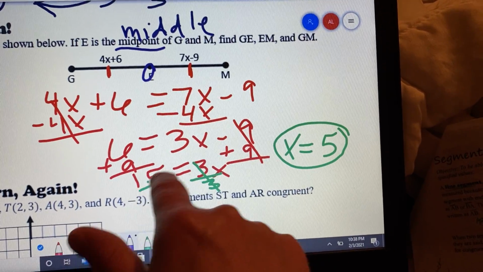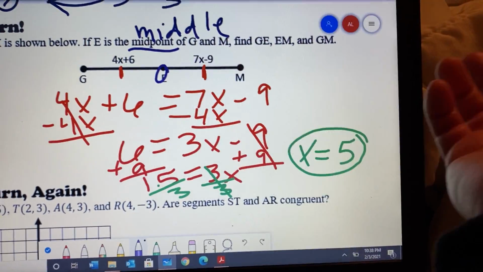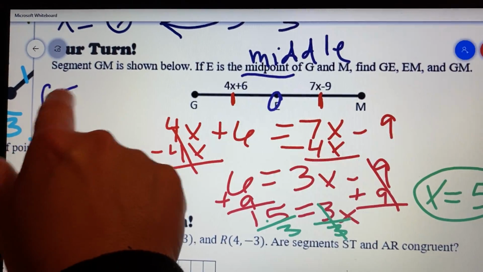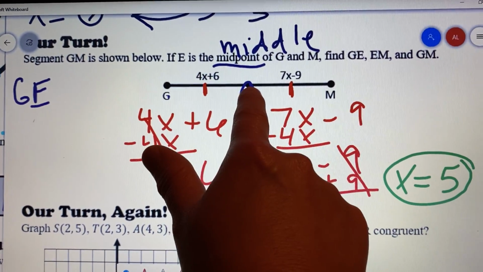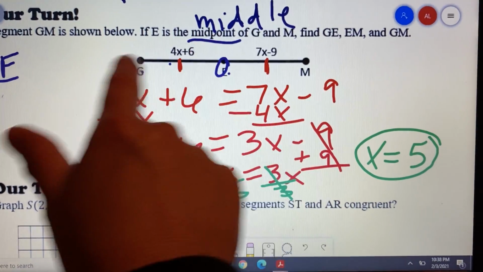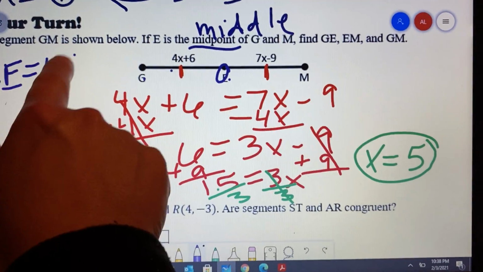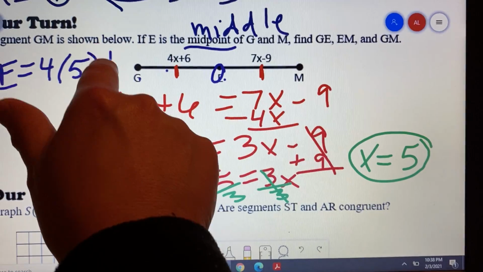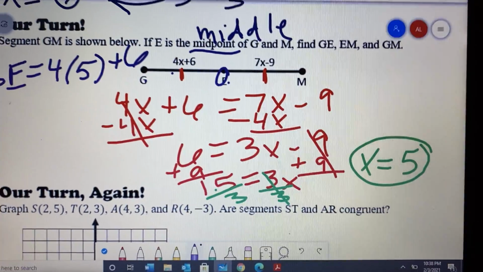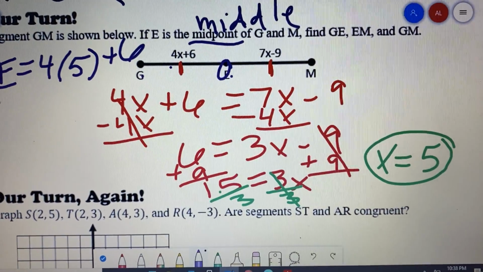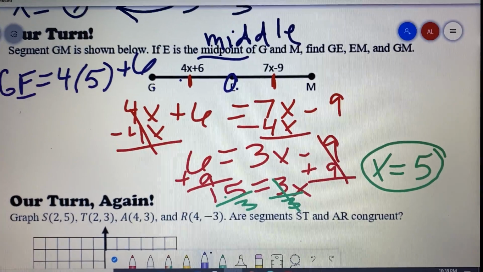The question is, they want us to find all the lengths. So GE, which is from here to here, is 4x plus 6. So that would be 4 times 5 plus 6. And 4 times 5 is 20.